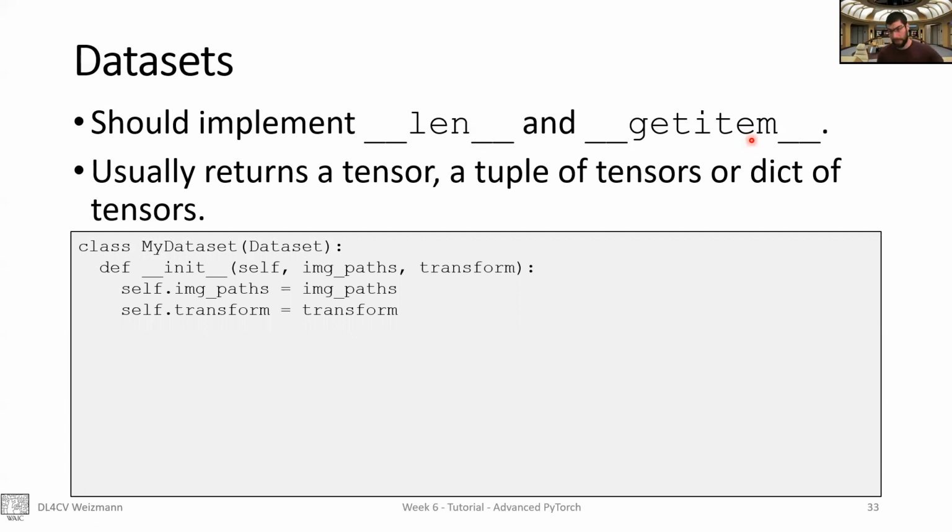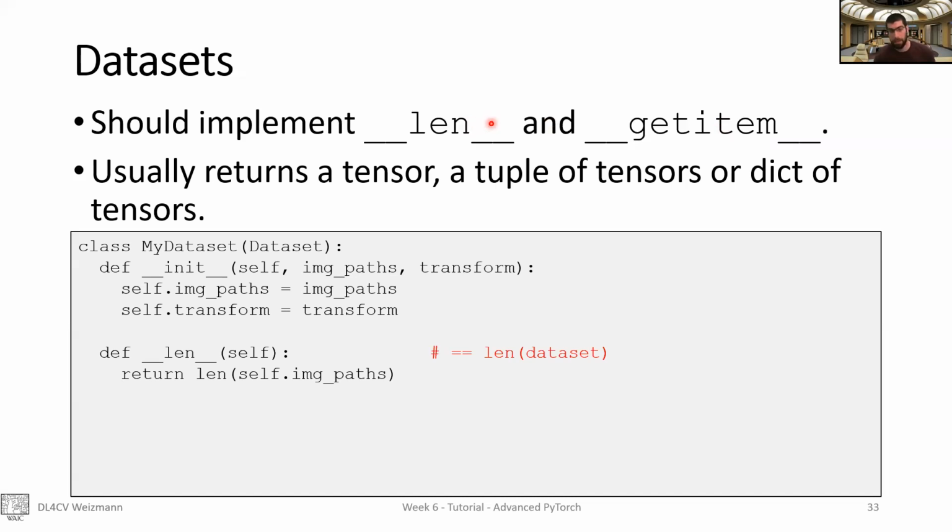In the init, we just keep the parameters: the list of images and the transform we want to apply. What would we return in the len method? Number of images in this folder. Yeah, exactly. The length of self.image_paths, which is the number of examples we have in our dataset.